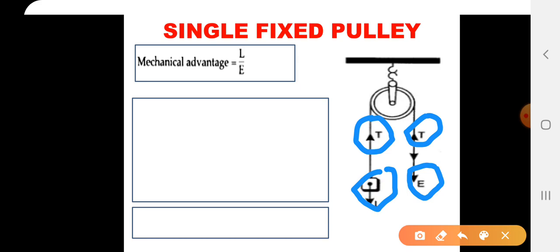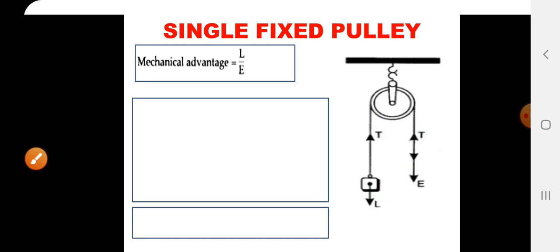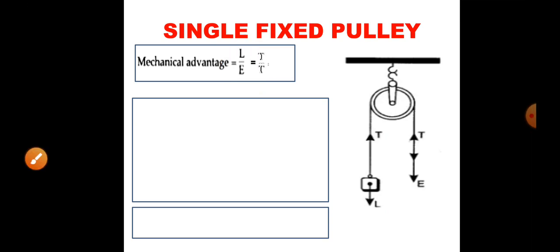So the load is equal to tension, even effort is also equal to tension, and if you substitute in the mechanical advantage formula here, then we get T upon T, that is equal to 1. So mechanical advantage of single fixed pulley is always 1.